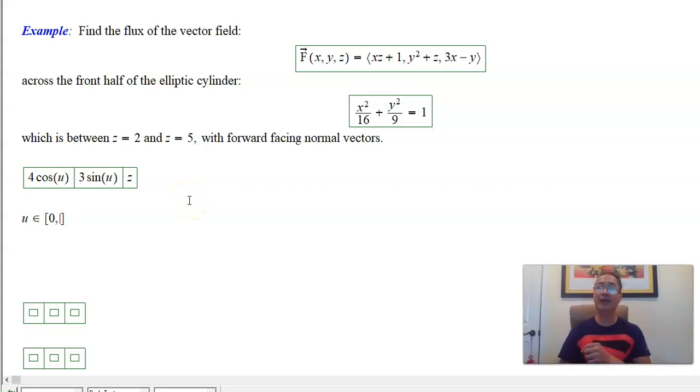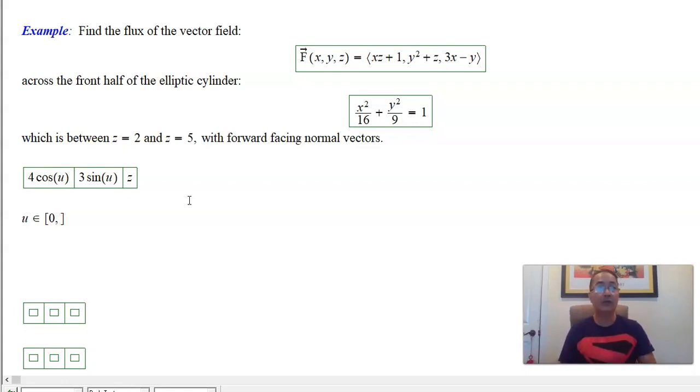Oh, wait a minute. We only want the front half of this elliptic cylinder. So it's the y coordinates we have to think about. So y is going from negative to positive.